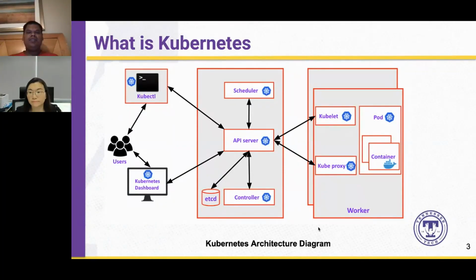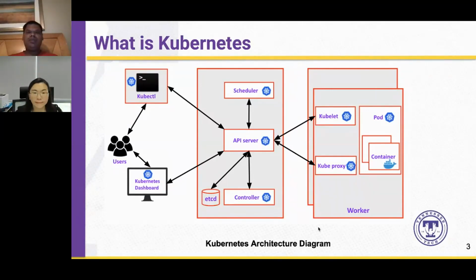And then once those configurations which are specified as manifests are executed, under the hood, a lot of things happen. So you have your scheduler, API server, and controller, which are all used to control the kubelets and pods and containers. If you look into our paper, you will get more details and background on what Kubernetes is.